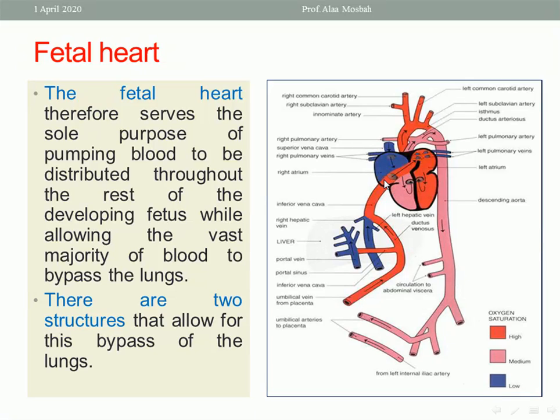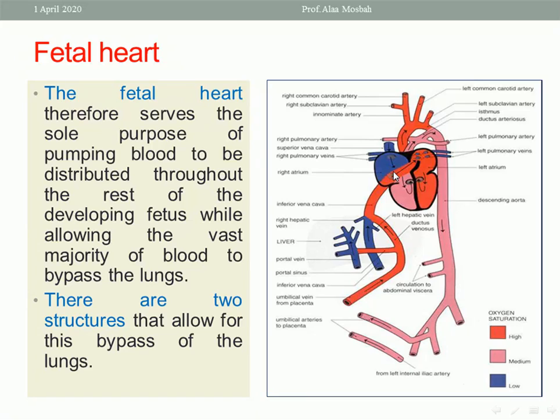So the blood, when it goes through the inferior vena cava to the right atrium, will bypass the lung through two ways. One of them is the foramen ovale between the two atria.